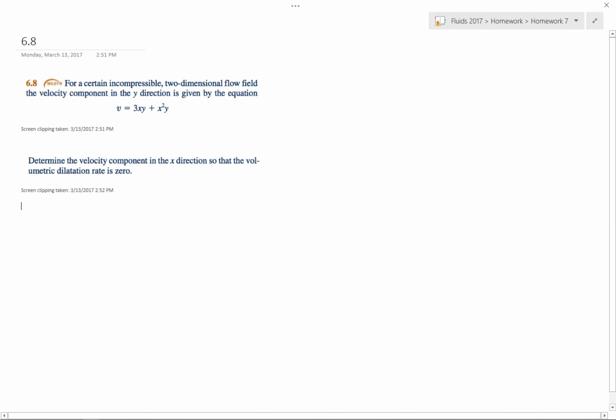Negative, positive, positive. What does that mean? So you should have u equals some term plus some term plus some function of y.